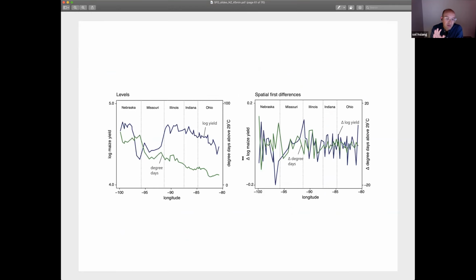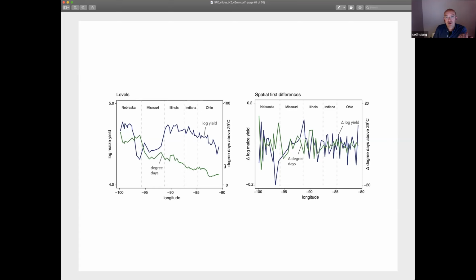The reason I pointed out that these are not exactly formally the same as doing regression discontinuity everywhere is that we don't actually require that to be true. So here's an example, a context that I was showing you before, where we have the outcome and the treatment of interest, and they are both slowly moving in space. So we're saying we're just not going to exploit that variation.